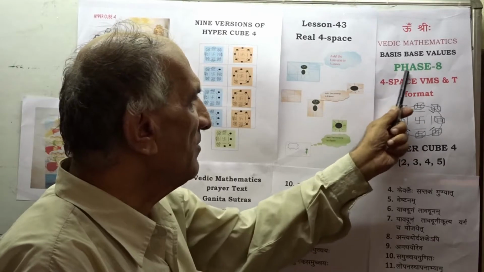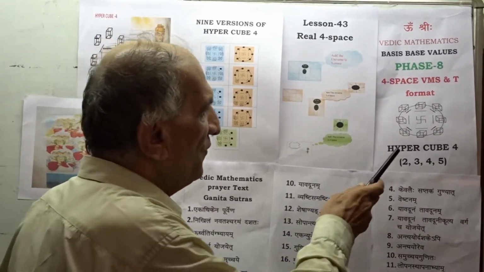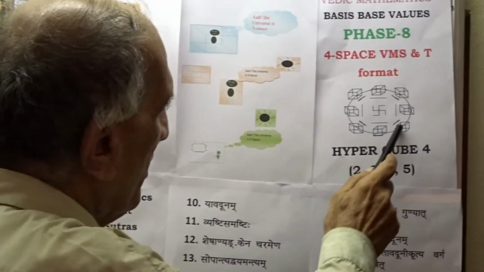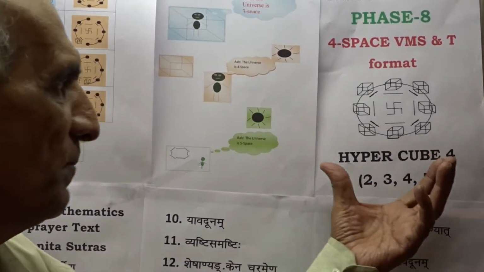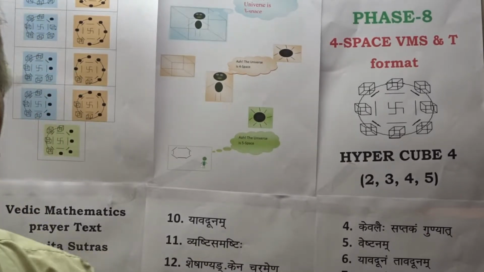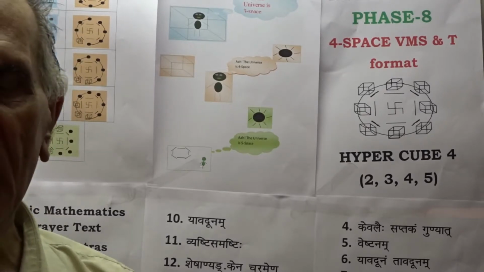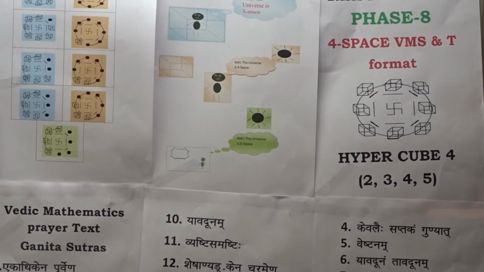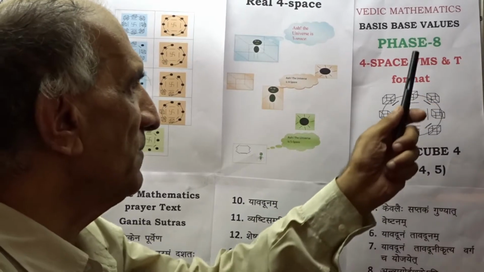It permits initiation in terms of hypercube 4, the representative regular body of 4-space. As such, hypercube 4 becomes the first basic entity in terms of whose values and features we shall be initiating ourselves to the format of 4-space VMST.